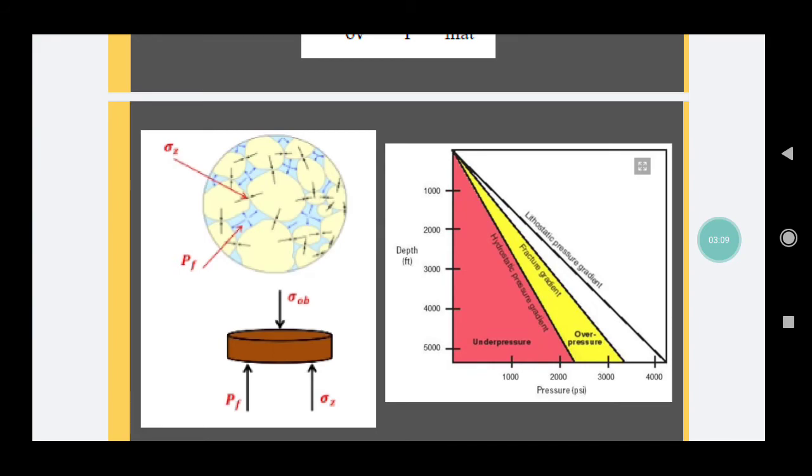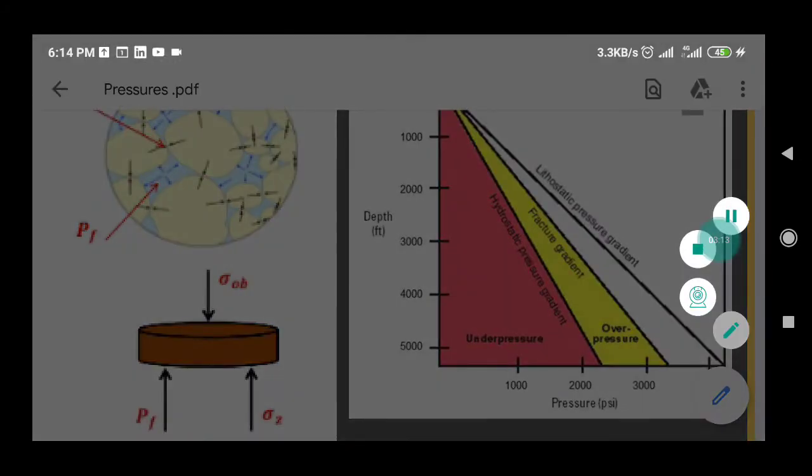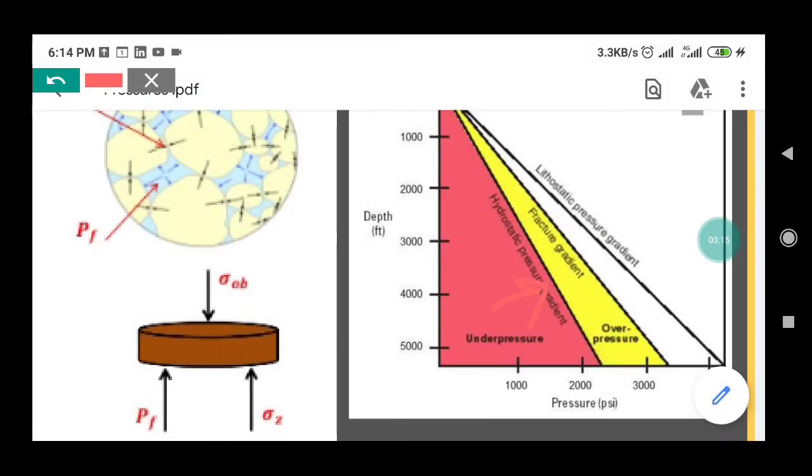So here you can see, if this line is the pore pressure, and this line is the fracture gradient, the fracture pressure.